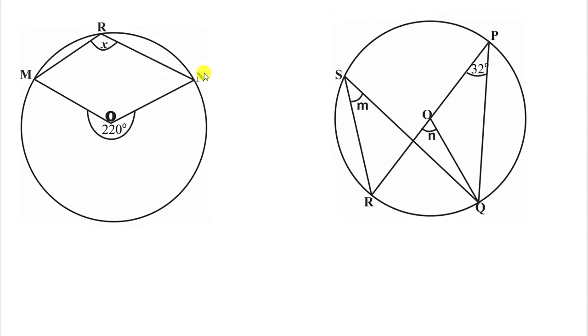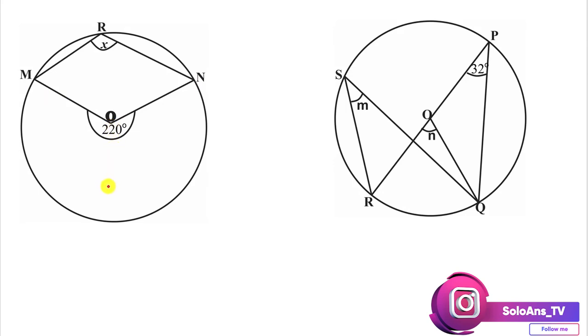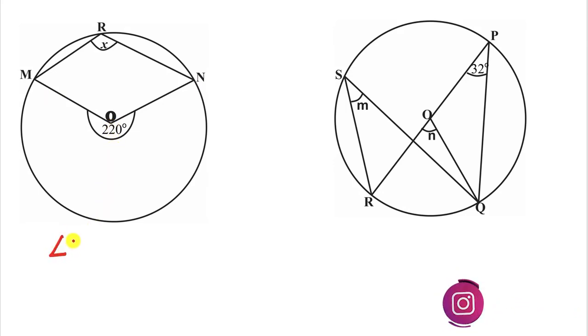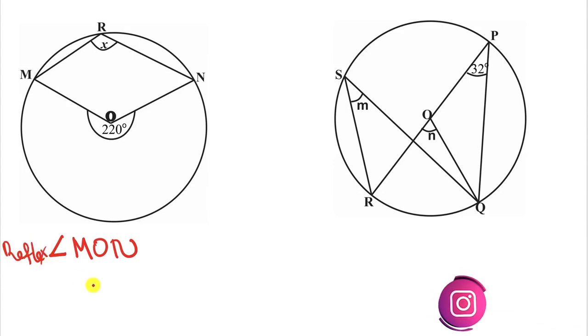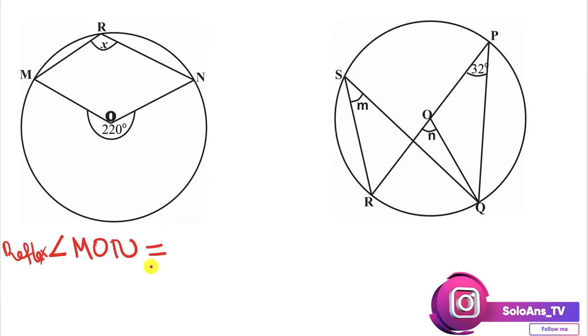So let's assume that we have this, the angle at the center, that is the reflex angle MON, is 220 degrees. So angle MON, that is the reflex angle, will be equal to 2 times the angle at the circumference.